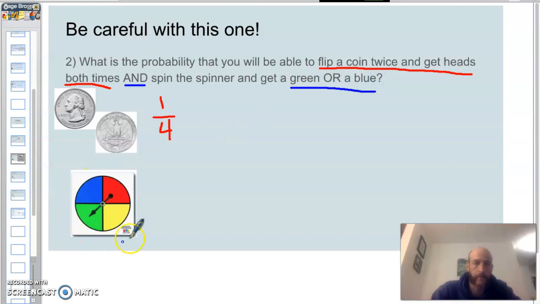Okay, so let's look at the spinner. Green or blue. So there are 2 sections that will work here, and there are 4 total sections. So the probability of getting a green or blue is 2 out of 4. So the probability of both of these things happening is, well, we're going to have to take the probability of each one and multiply them.